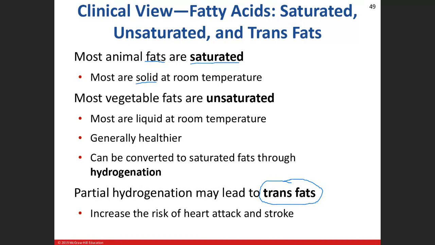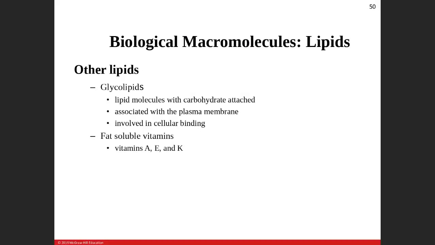These trans fats have proven to increase your risk of a heart attack or stroke. So we can all agree you can avoid trans fats, and in fact, in New York City, they actually outlawed trans fats. So for your health benefit and mine, it's a good thing.